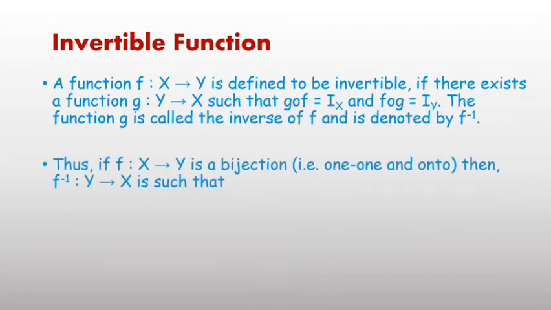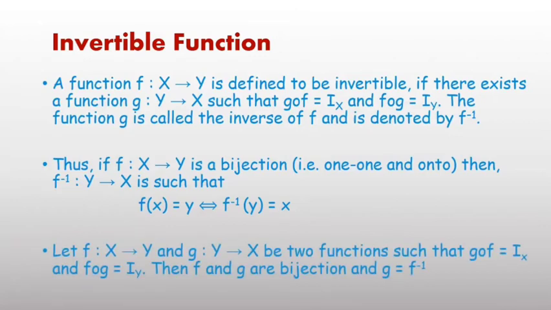Thus, if f from X to Y is one-one and onto, because what is given as invertible means bijection, are one-one and onto, then f inverse from Y to X is such that f(x) equals y if and only if f inverse(y) equals x.